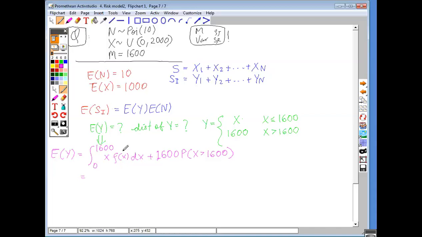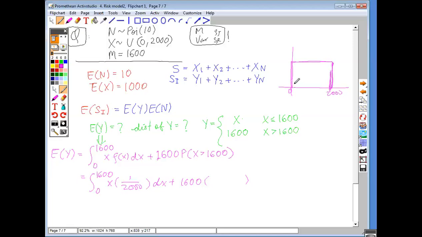Okay, so now you will just have to solve for this. But again, what do we know about f of x? What is my f of x here? Anyone? 1 upon 2000. Because if you look here, let's say this is 0 and this is 2000, my uniform distribution is going to look something like this.